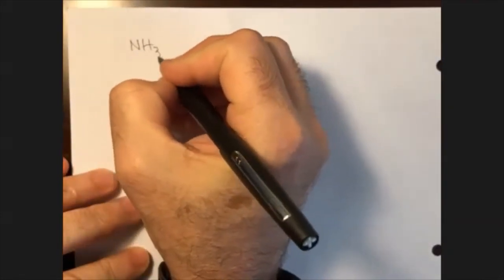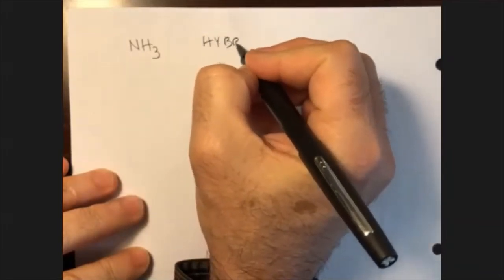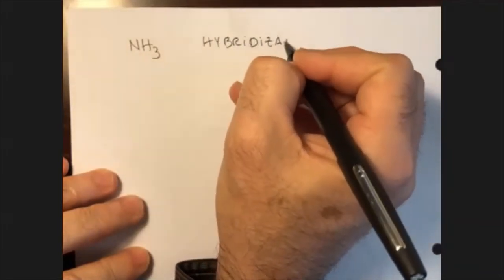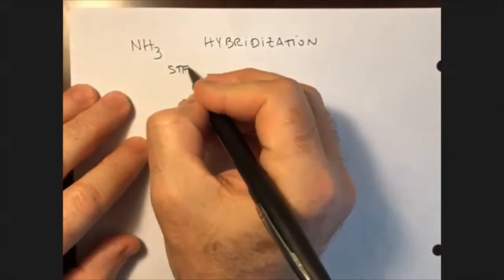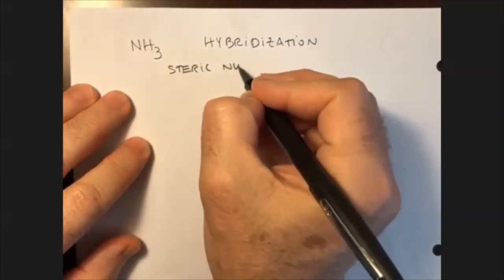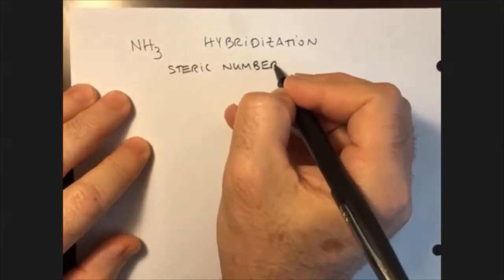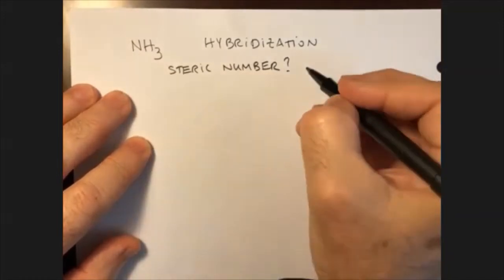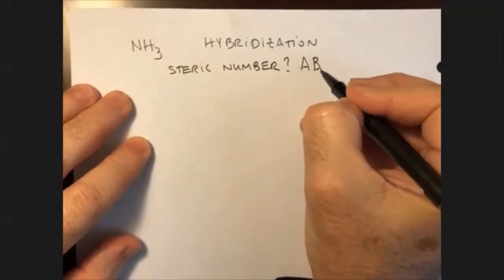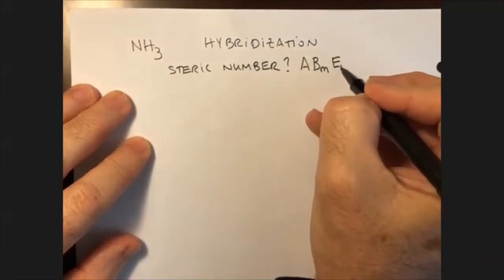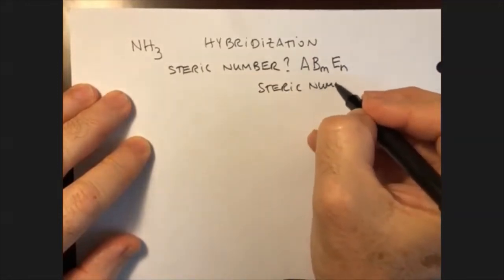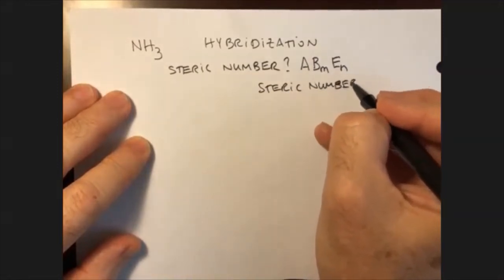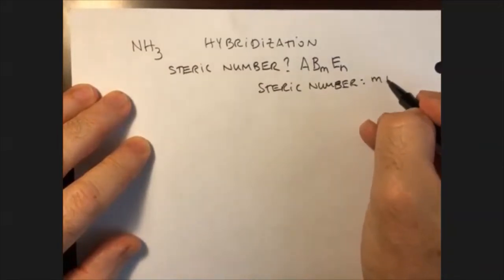So in the case of, let's say, ammonia, what we had to consider is what is the steric number? In our format A, B, M, E, N, the steric number is the total number of electron groups. In other words, M plus N.